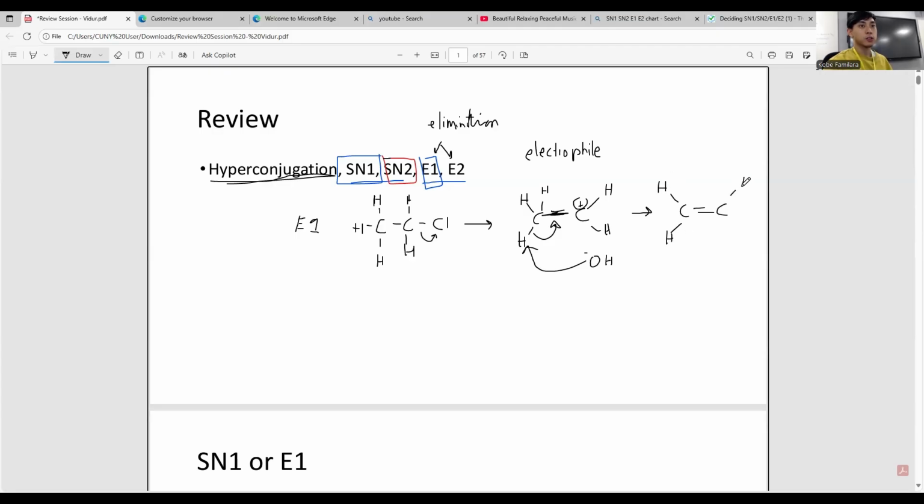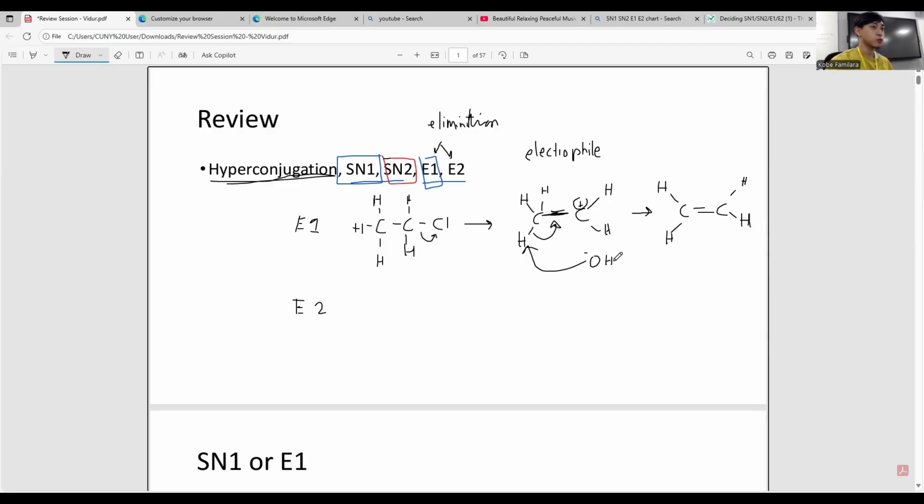So the difference between nucleophilic substitution reactions and elimination reactions is that there's no leaving group left at the end. In E2 reactions, it's pretty much the same thing, except the leaving group doesn't leave on its own independently.